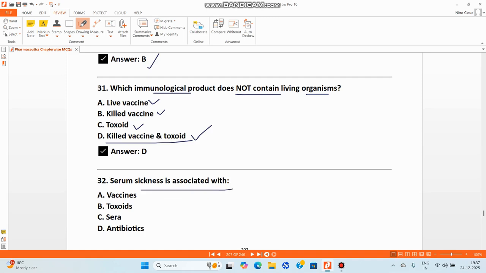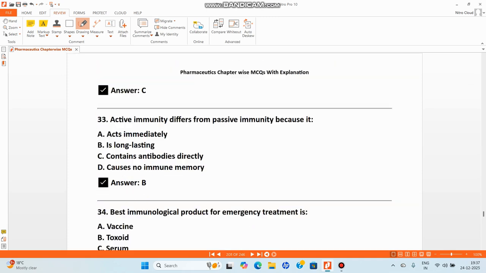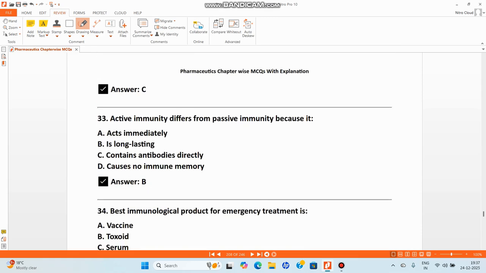Serum sickness is associated with vaccine, toxoid, sera, or antibiotic. So that is C, sera. So serum sickness is associated with sera. Okay. So active immunity differs from passive immunity because what? Because it is long lasting. Okay.